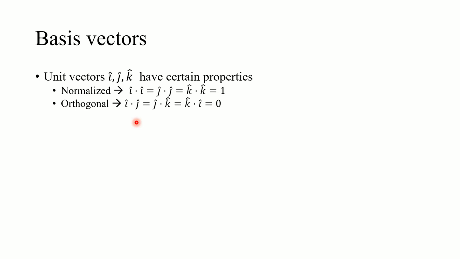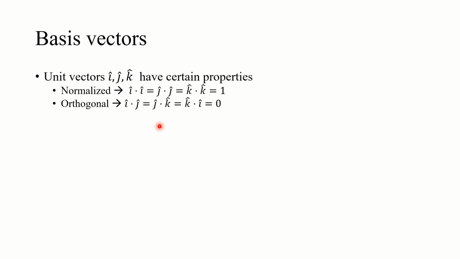They were also orthogonal, so geometrically this meant that they were at 90 degrees to each other. Mathematically, it meant that their inner product, or their dot product, resulted in 0 if they weren't the same vector. So i dot j, or j dot k, or k dot i, or any combination of those things, the dot product always equaled 0, right?